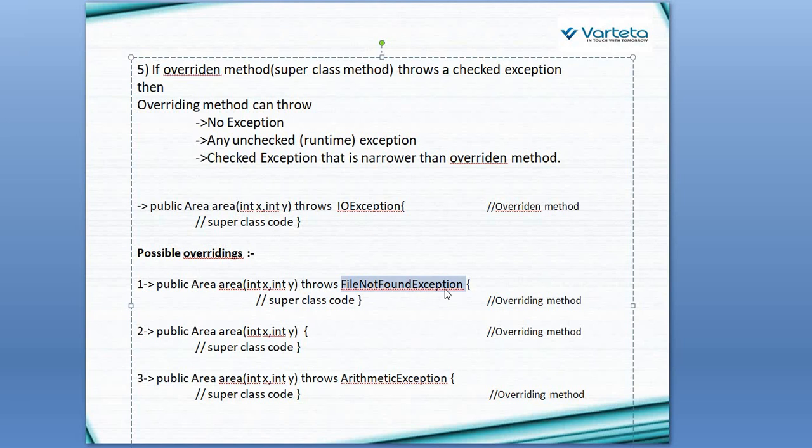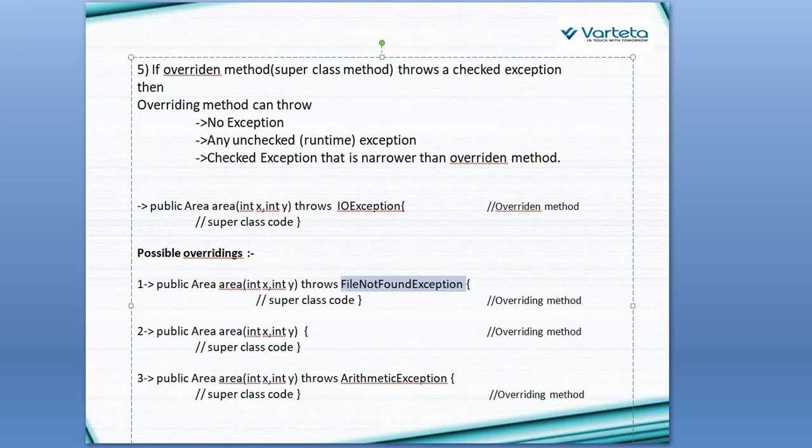Here FileNotFoundException can be thrown, but I cannot throw the broader Exception. That means I cannot write it like this. This will not work. We should remember that we can throw only a subtype of the overridden method's exception in the overriding method. So this is the fifth rule.